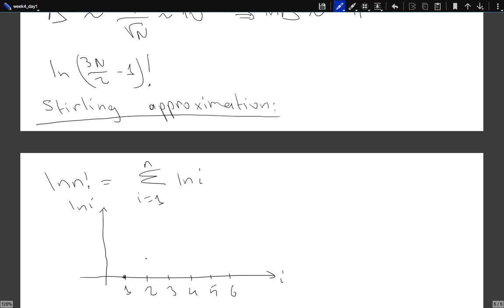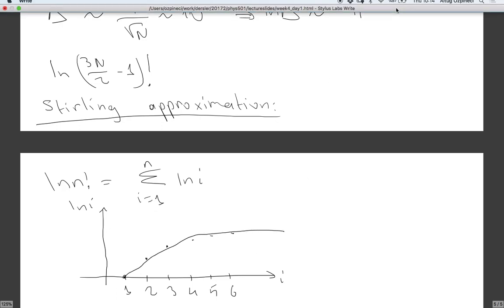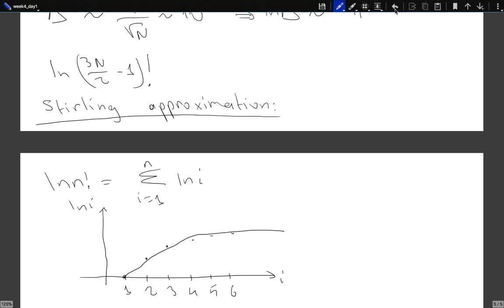So the logarithm of 1 is 0, the logarithm of 2 is somewhere over here, the logarithm of 3 is somewhere over here, this is the logarithm of 4, 5, 6. So this is more or less how the logarithm function changes. It increases all the time, but its rate of increase gets smaller and smaller. So I can approximate this by the integral of logarithm of x dx from 1 to n.